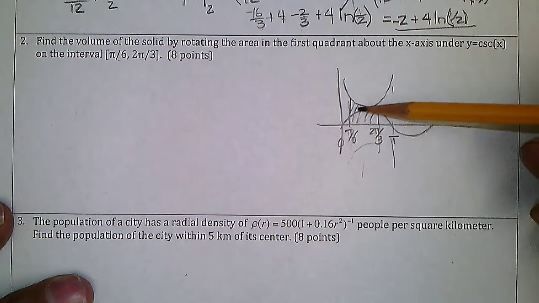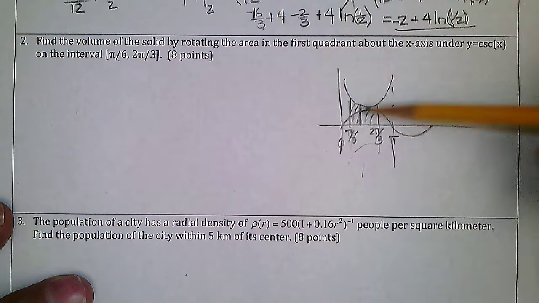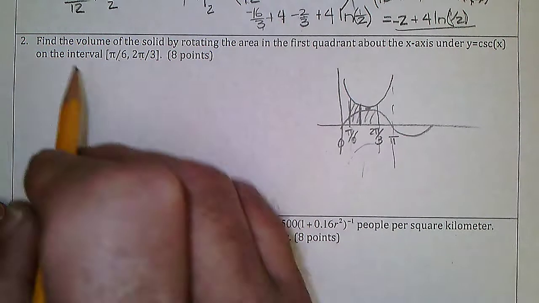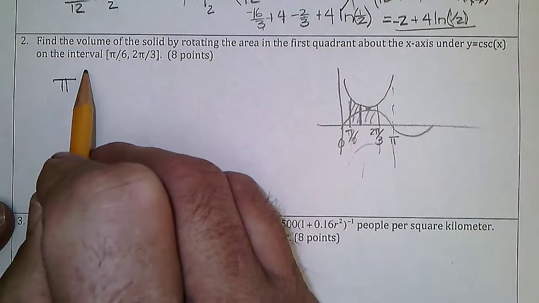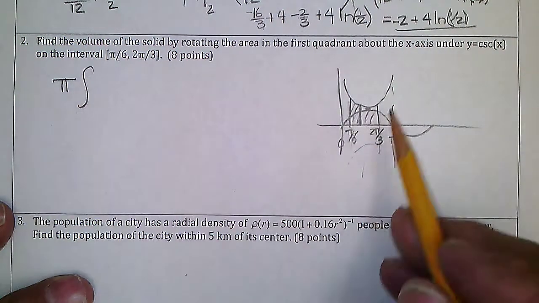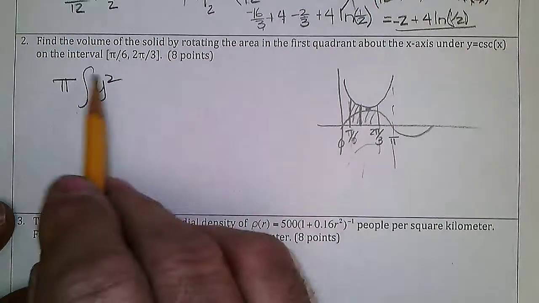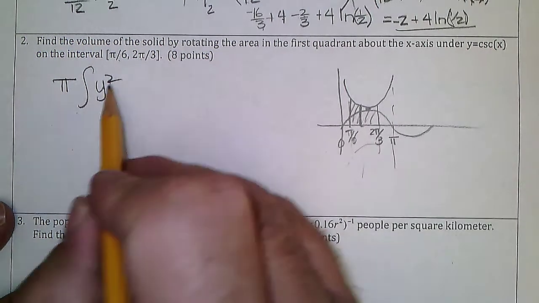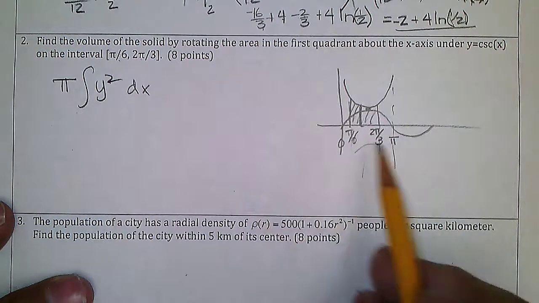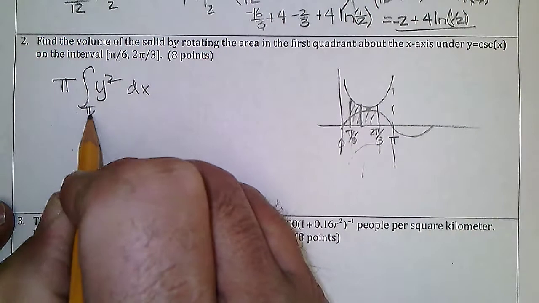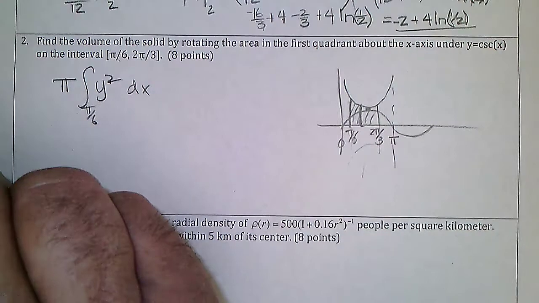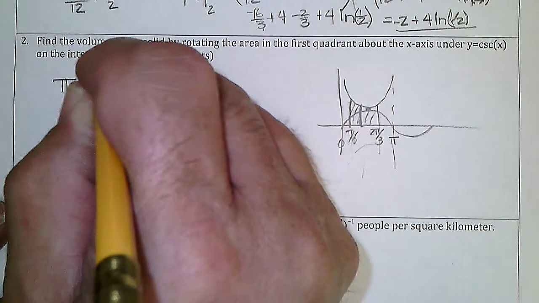So we're going to get, probably discs would be the easiest on this, which are pi integral of r squared, which is going to be y squared, pi r squared. Thickness is dx, evaluated from pi over 6 to 2 pi over 3.